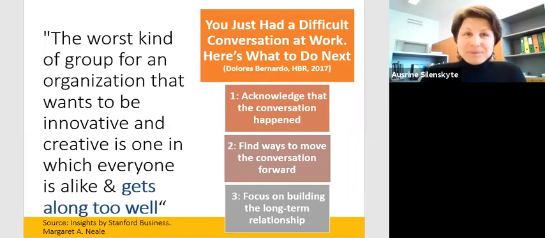Step number two, it's always good to be proactive and try to search for ways to move on. So a follow-up email could help. An email in such a situation should summarize the conversation and the arguments shared by both sides, by both colleagues. A written way of continuing this difficult conversation allows avoiding emotional discomfort.